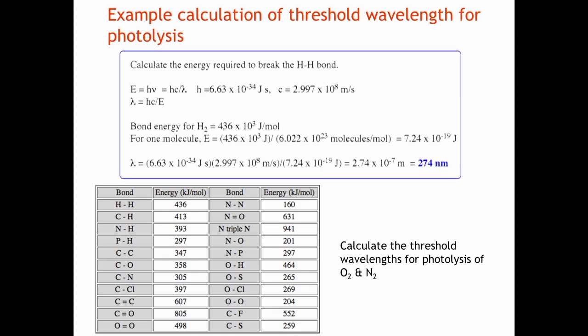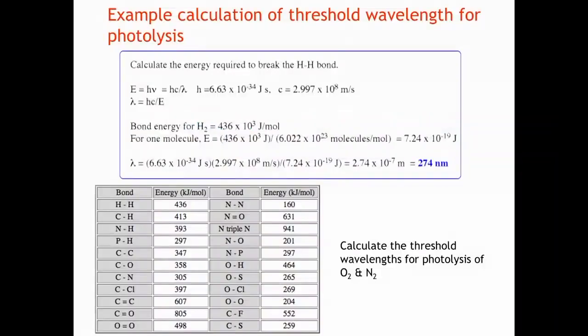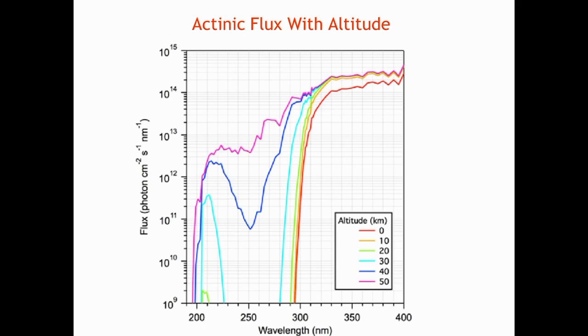It's 127. Okay. 240 and 127. So does that tell you anything about why there's lots of N2 and lots of O2 in the atmosphere?